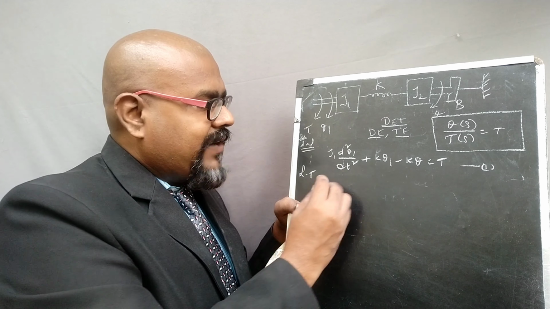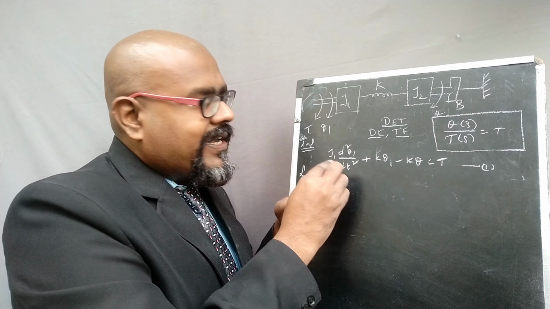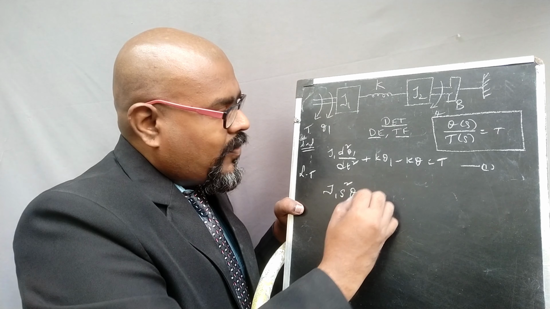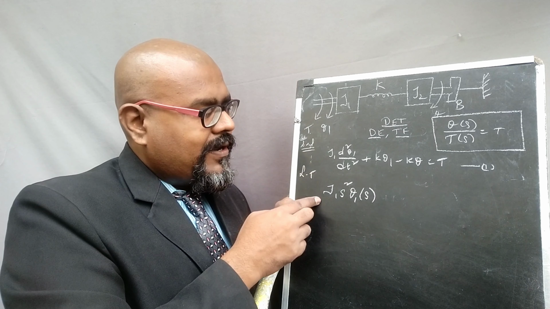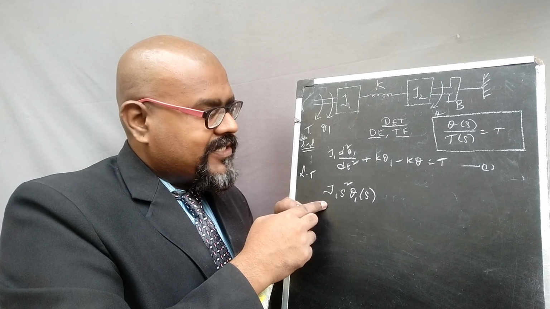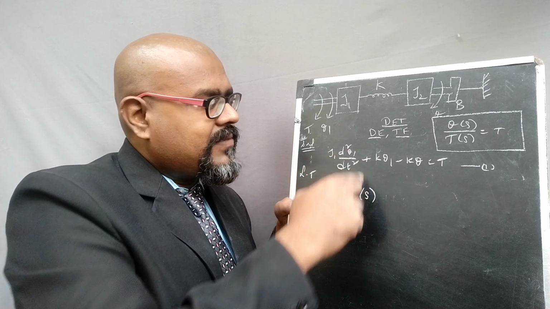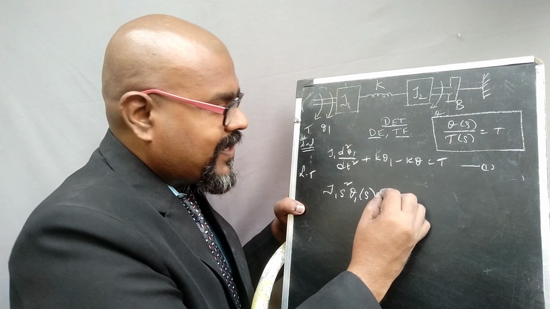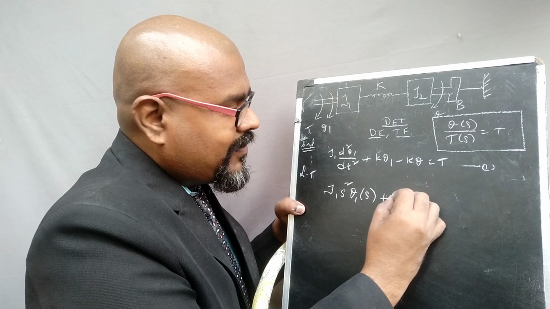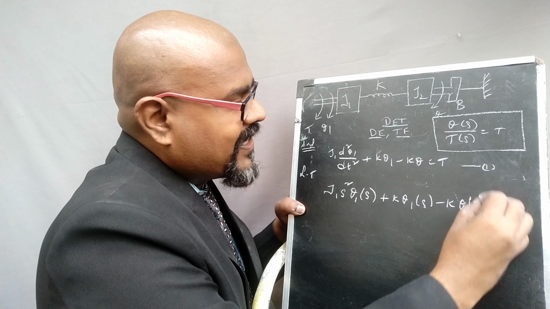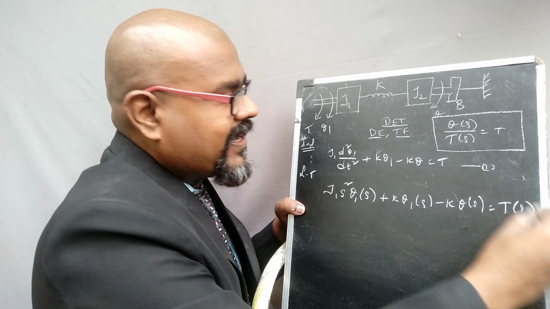Once you take the Laplace transform, the J1 term, the double derivative, becomes s squared, and the displacement θ1 becomes θ1(s). Plus this K term is converted as Kθ1(s) minus Kθ(s) is equal to T(s).